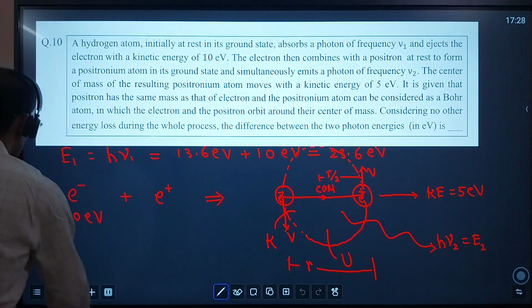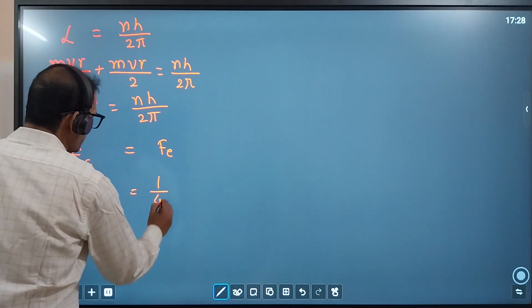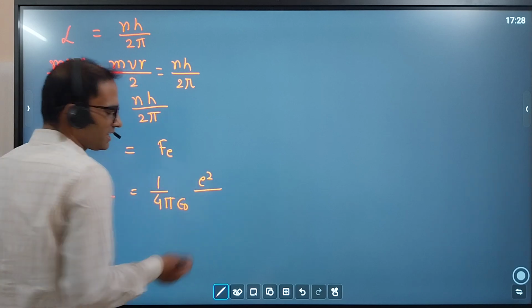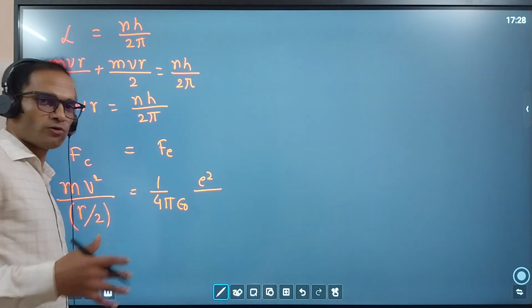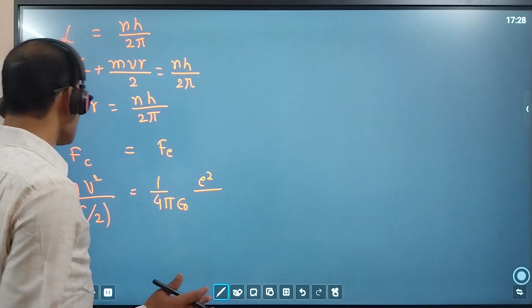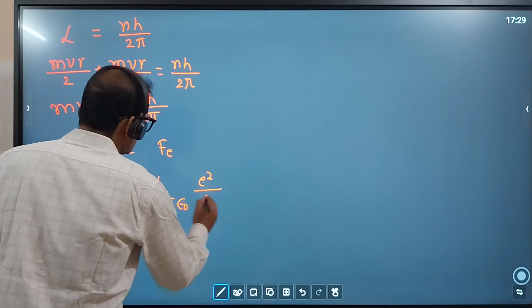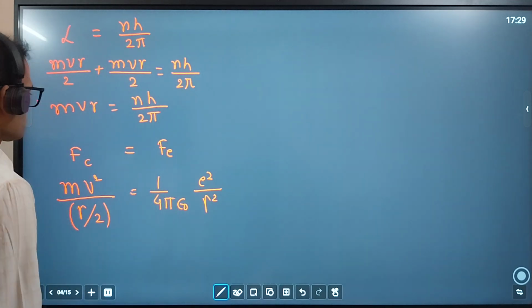So I will write this thing, 1 by 4 pi epsilon naught e square. Both charges are e, one is plus e, one is minus e, so this is the force of attraction. I am not writing a minus sign. And here I am writing just r square. So what does it look like?